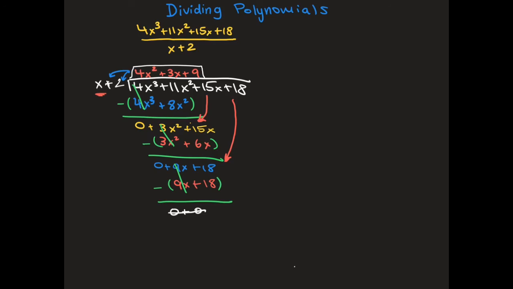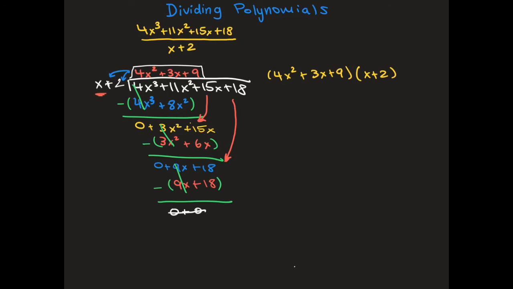Now, once you've gotten this, you can go ahead and check your answer. So I will do that over here to the side. So we've got 4x squared plus 3x plus 9 times x plus 2.